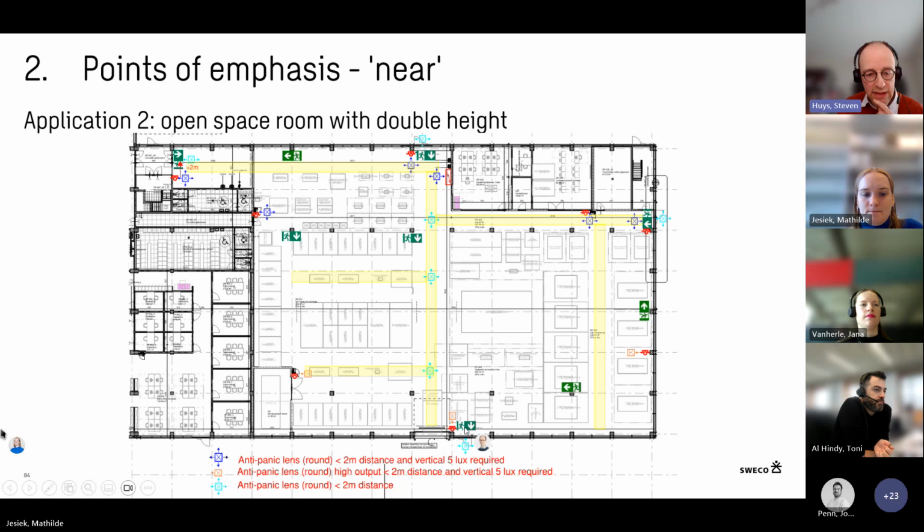Here also at the door, within the 2 meters, but here we need an extra one because it's further away than 2 meters. This one was for the fire button. This cannot meet the requirement for the door because it's more than 2 meters away, so we need an extra one here.